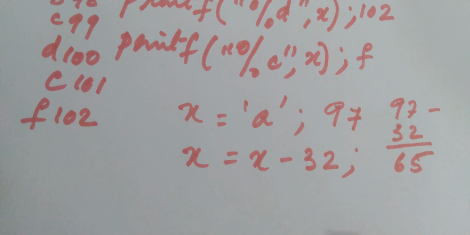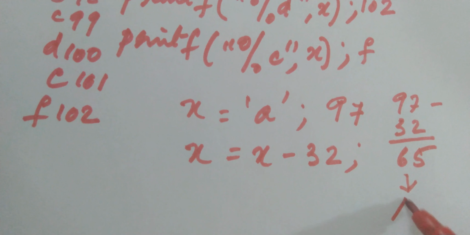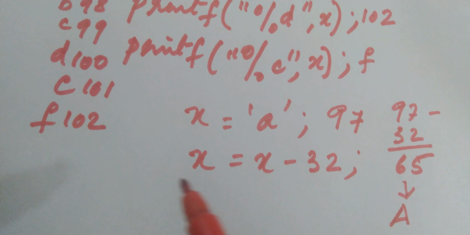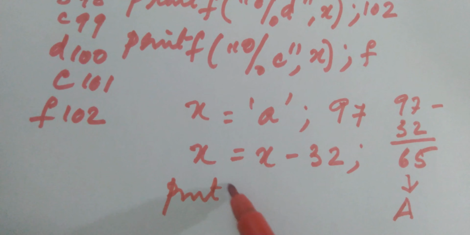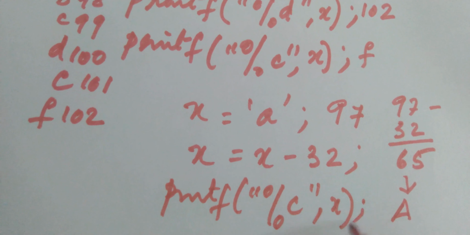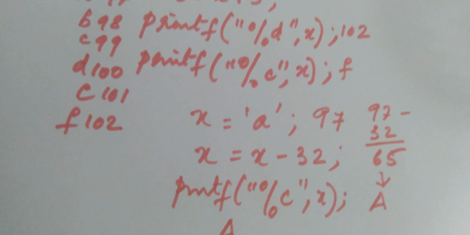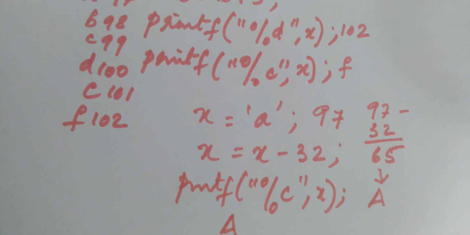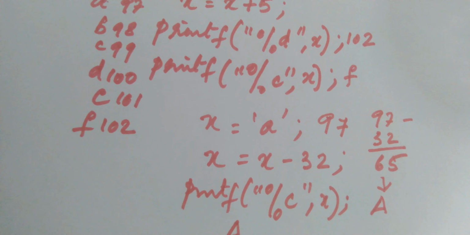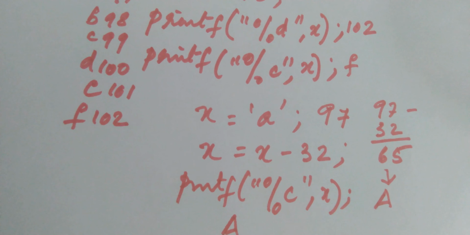And we know that the ASCII value 65 corresponds to the capital letter A. So in this manner we can convert. If I print x with printf("%c", x), capital A will be printed. In this manner we can convert lowercase to uppercase or uppercase to lowercase by performing some mathematical operations on the character constant. That is all about constants.